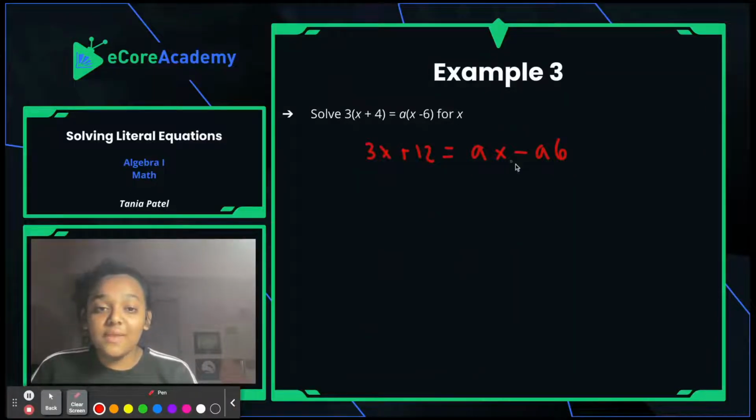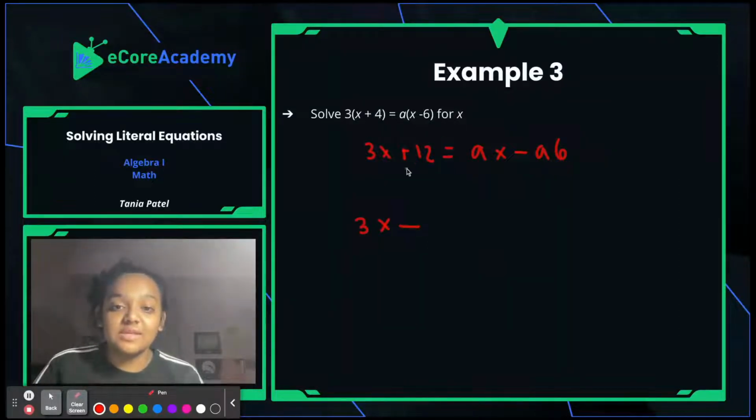So we have minus ax. I'm not going to write down this step, but we know that 3x, subtracting it from both sides, cancels out here, but it subtracts on this end, meaning we have to write it in here. And so we have that. And then plus 12 equals negative 6a.